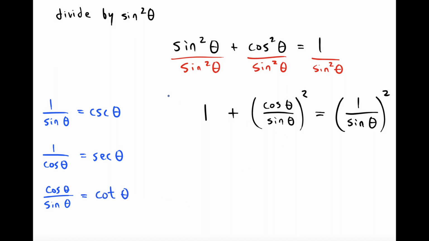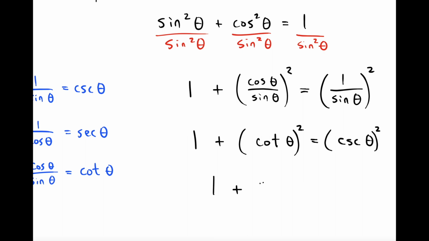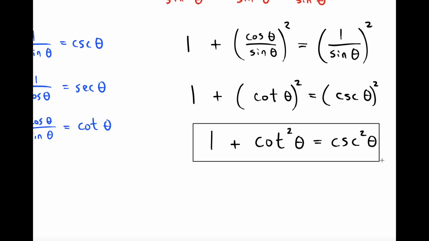So we want to use those now to find new identities. So that would make this 1 plus cotangent theta squared equals cosecant theta squared. And then we could put it into its simpler form that looks like this.